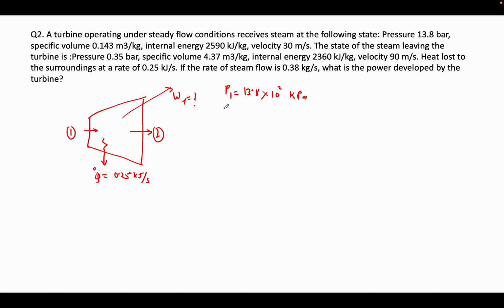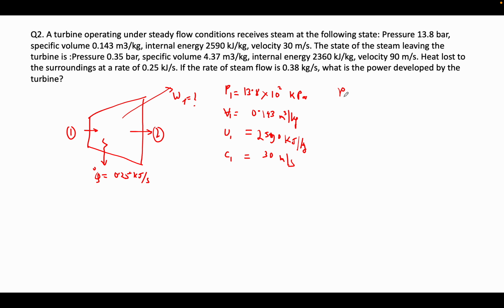And V1, that means specific volume, is given to us as 0.143 meter cube per kg, and U1, the specific internal energy, is given to us as 2590 kilojoule per kg, and velocity, let us take this as C1, is given to us as 30 meters per second.